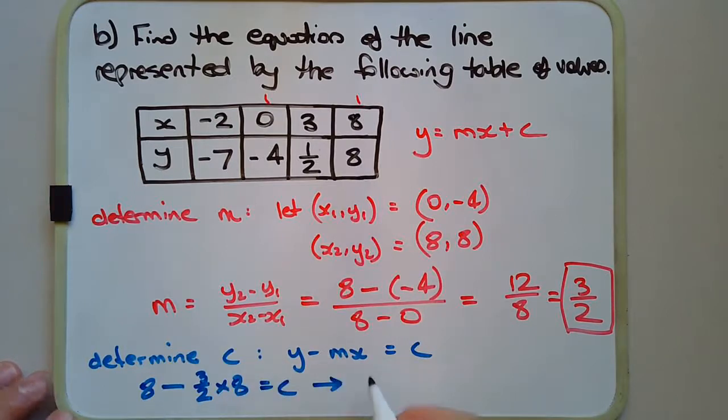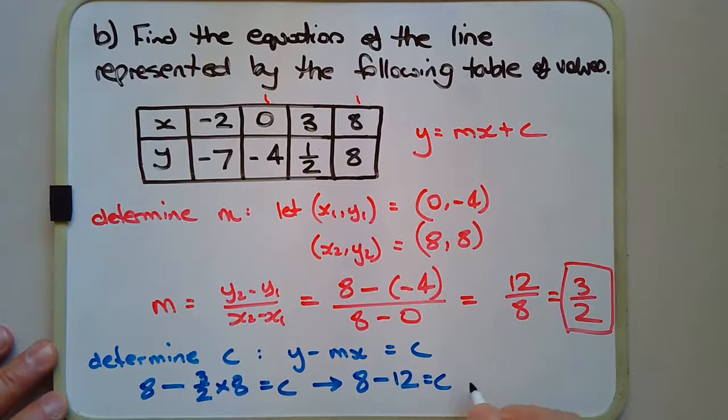So 8 minus 3 on 2 times 8; 1.5 times 8 is 12. 8 minus 12 is equal to c. Therefore, c is equal to negative 4.